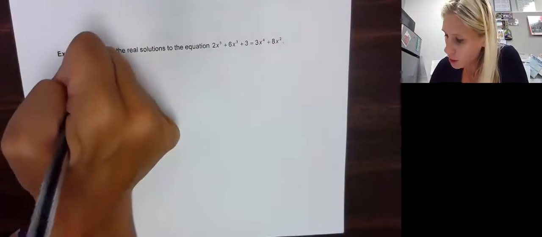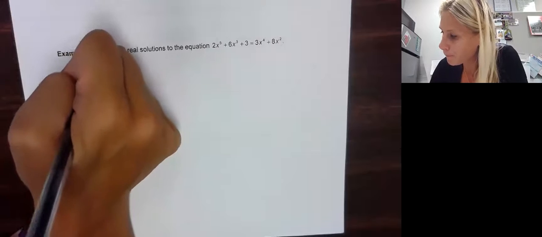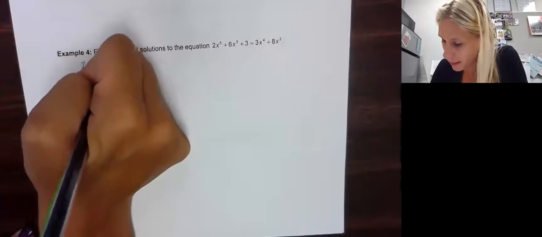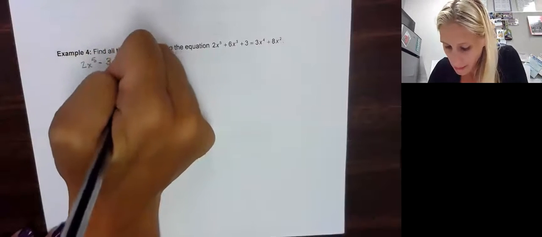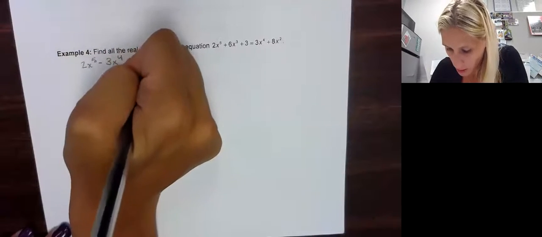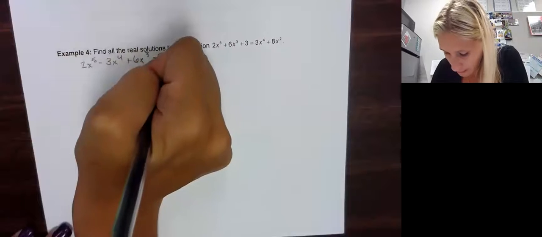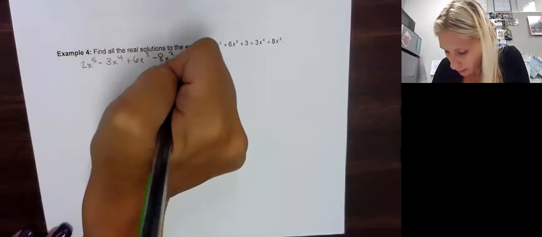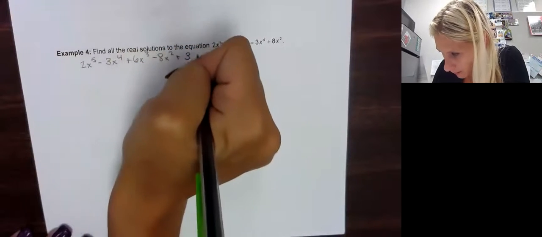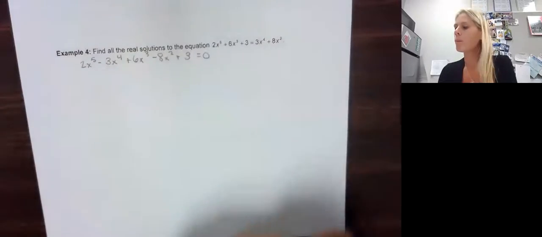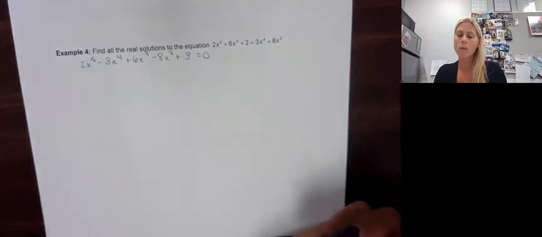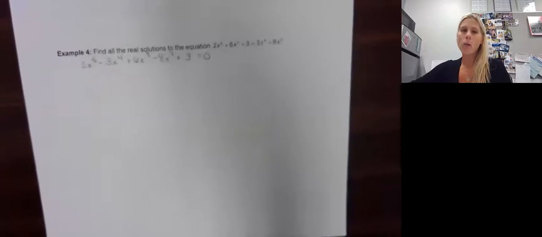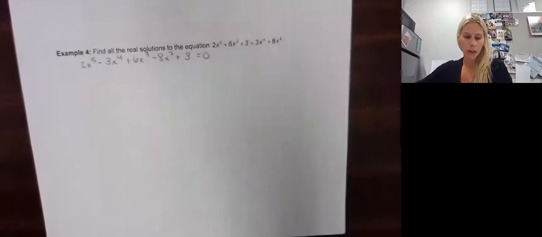So we get 2x to the 5th minus 3x to the 4th plus 6x cubed minus 8x squared plus 3. That equals 0. As you can see, guys, when I subtract these over here, I automatically put them in standard form, so that way I wouldn't have to write things twice, okay?